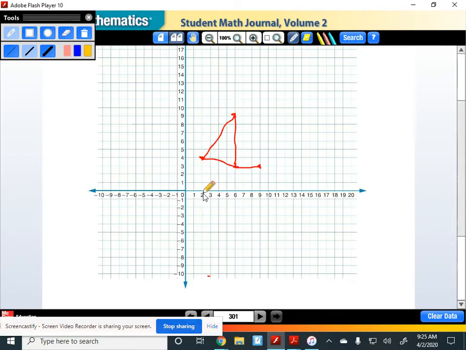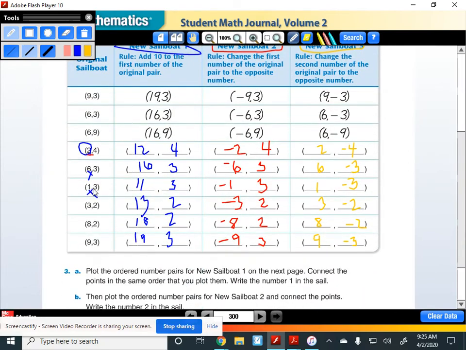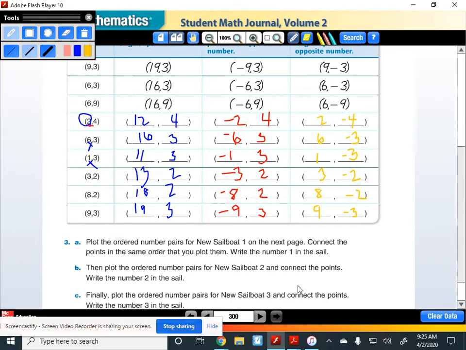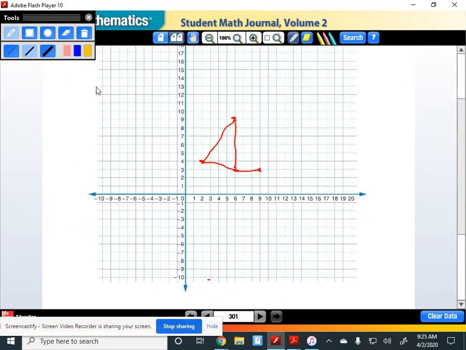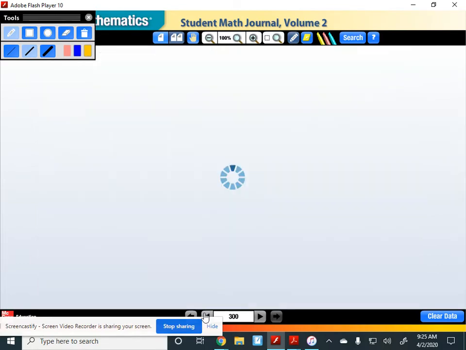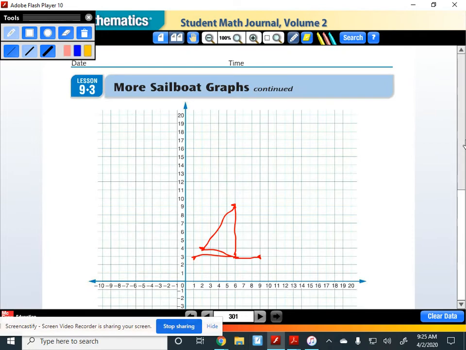Then we're at, I forgot it, 1, 3 and then 3, 2. One comma 3. 3 comma 2, I believe it was. Mr. Doss is getting old. 3, 2, 8, 2.